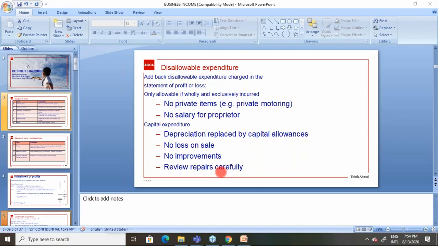But if the initial repairs are essential to convert the asset into usable condition, in other words, if you are not in a position to use the asset without the initial repairs, then it is not an allowable expenditure. It should be treated as capital expenditure.